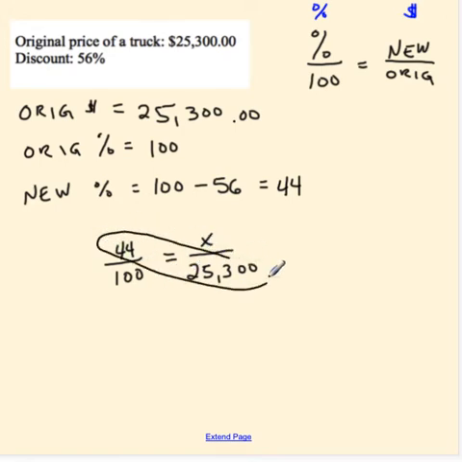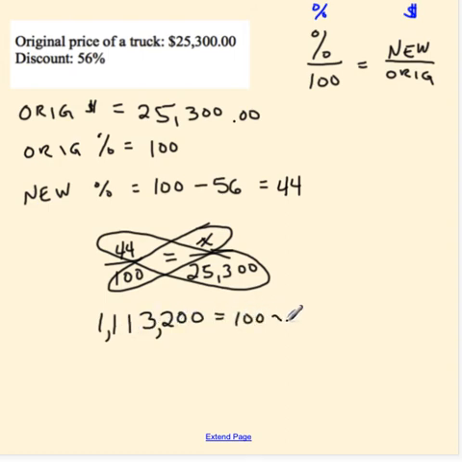Multiply this 44 by this 25,300 and multiply this 100 times the x. So 44 times 25,300 is, wow, that's pretty cool, 1,113,200, and that's equal to 100x.